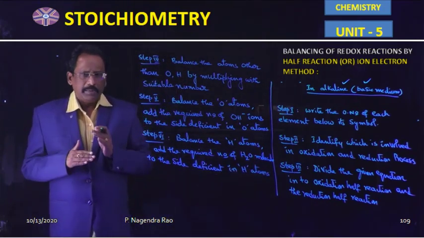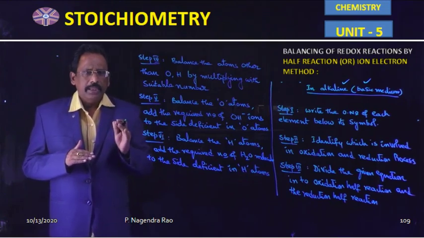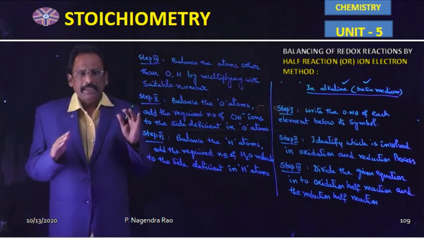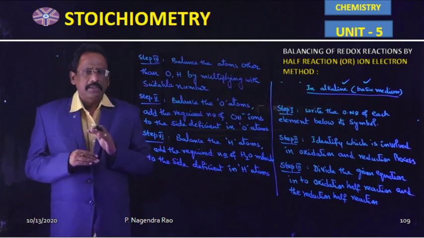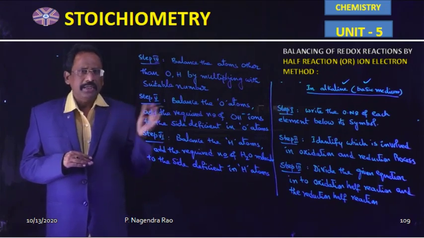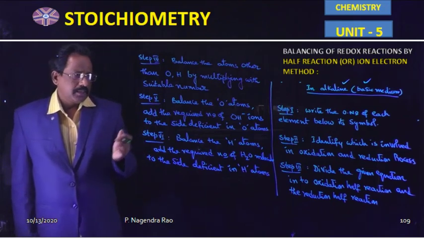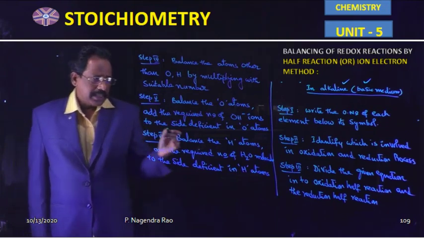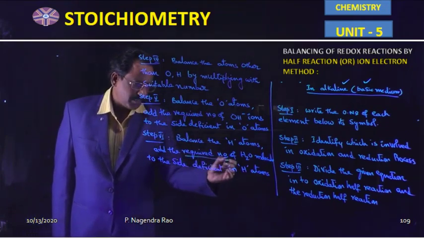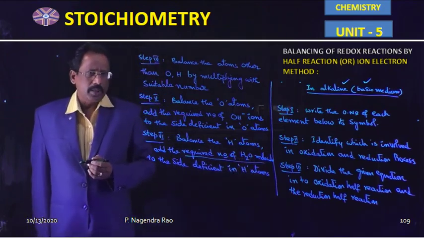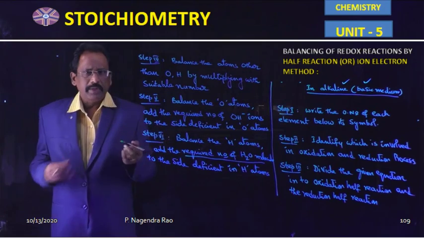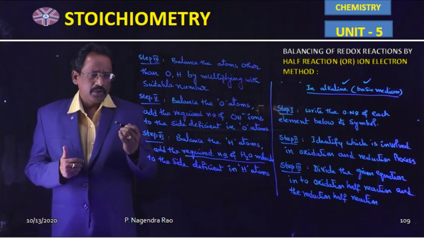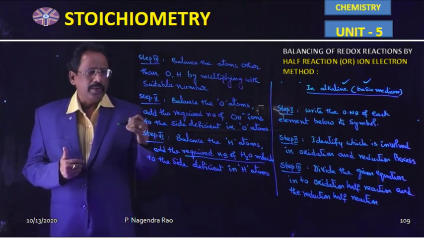Suppose if the reaction takes place in acidic medium, to balance the hydrogen atoms, add the required number of H plus ions to the deficient side. But here in basic medium, to balance the hydrogen atoms, add the required number of H2O molecules. That's why, because of this addition of water molecules, both oxygen and hydrogen vary.